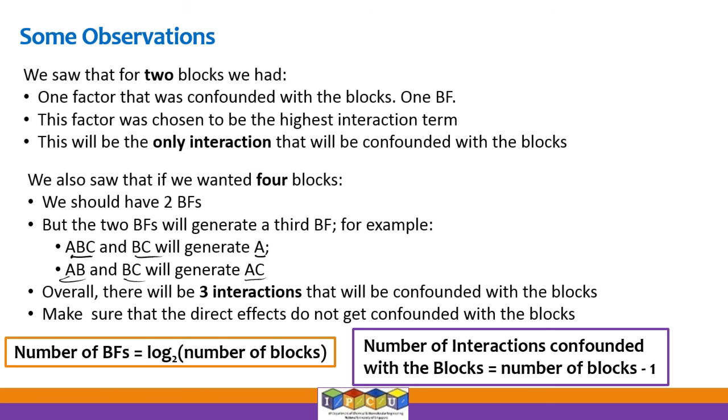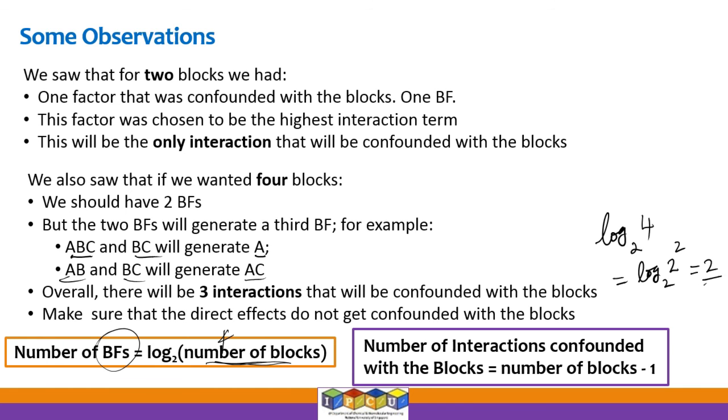So the number of basic blocking factors will be equal to the logarithm to the base 2 of the number of blocks. So if you wanted 4 blocks, it will be log 2 of 4, and you can write this as log 2 to the power of 2, which will be 2.